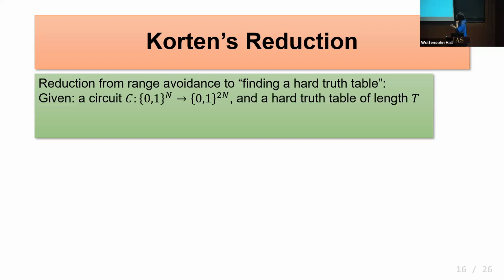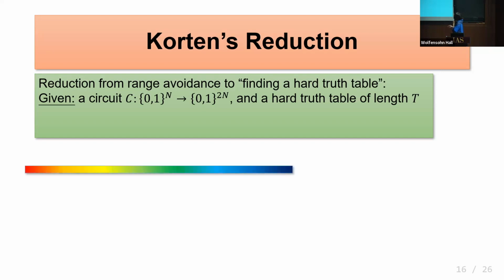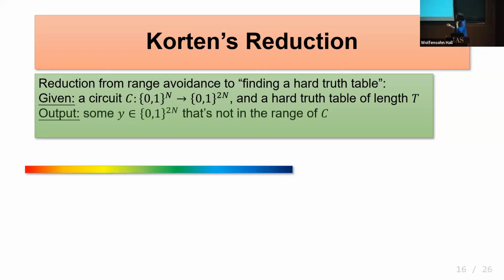What the reduction does is, given a circuit C for which we want to solve range avoidance, and also given a hard truth table of length capital T, so think of capital T as some parameter, maybe poly n, or maybe larger. I didn't draw the circuit here.